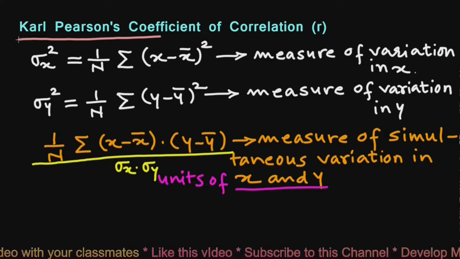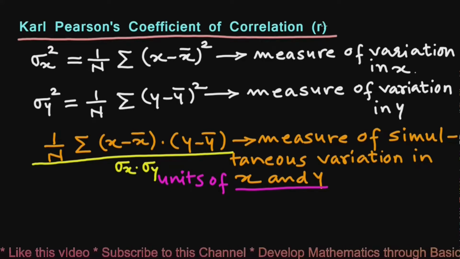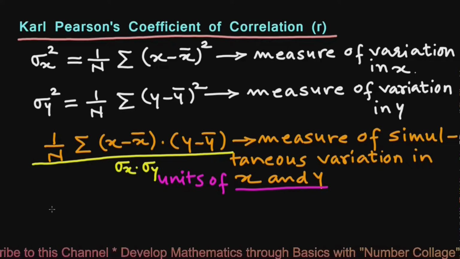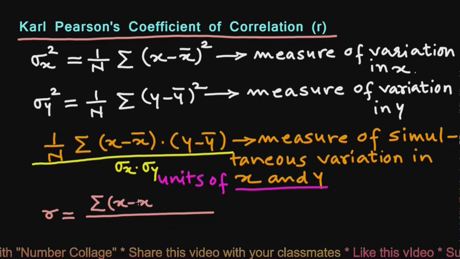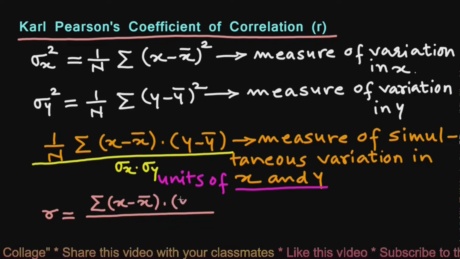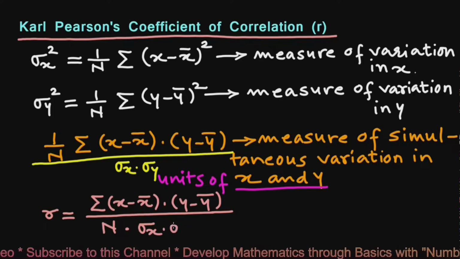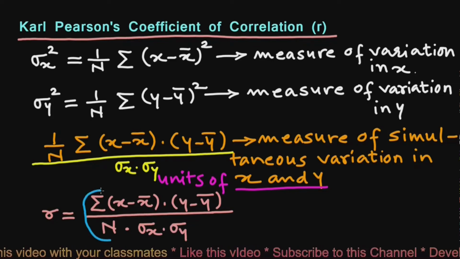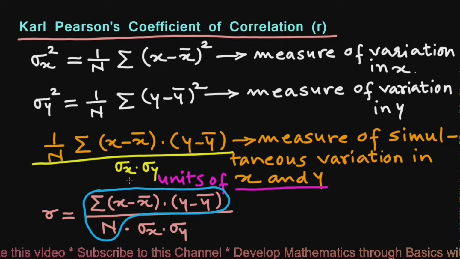Therefore, Karl Pearson's coefficient of correlation r to measure the correlation between x and y is given by r equals summation (x minus x bar) into (y minus y bar) upon n times sigma x into sigma y. But here this quantity is known as the covariance of x and y.